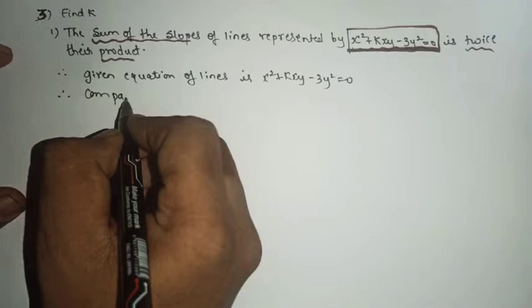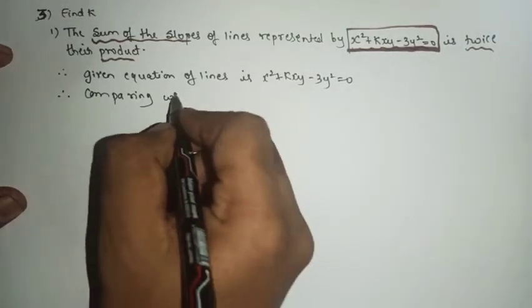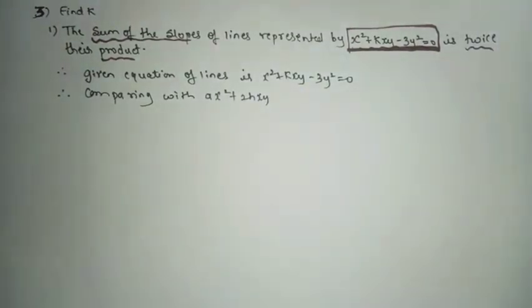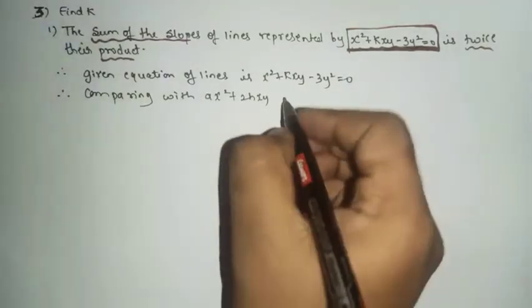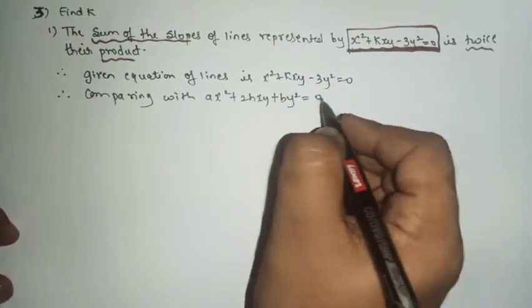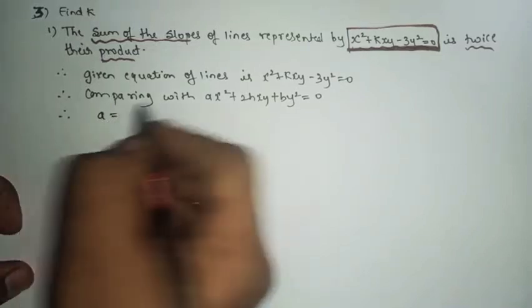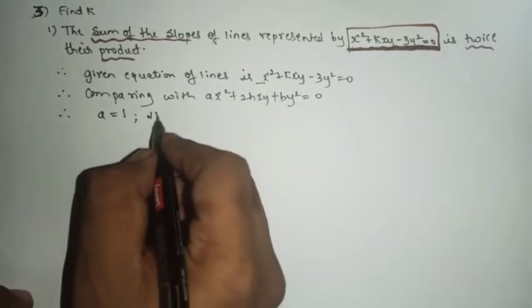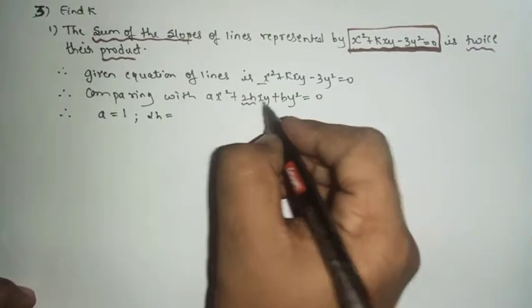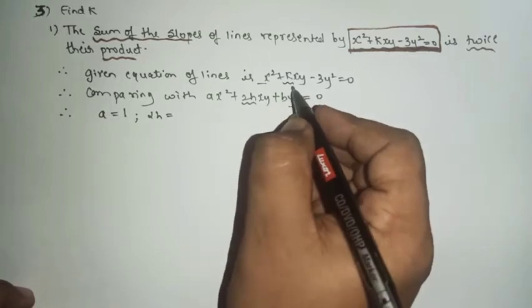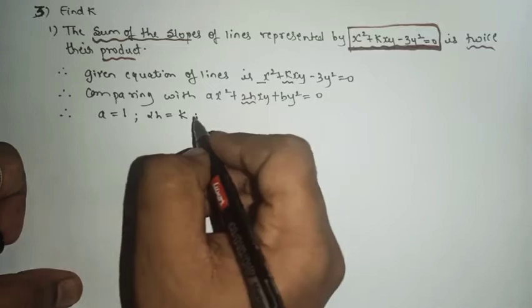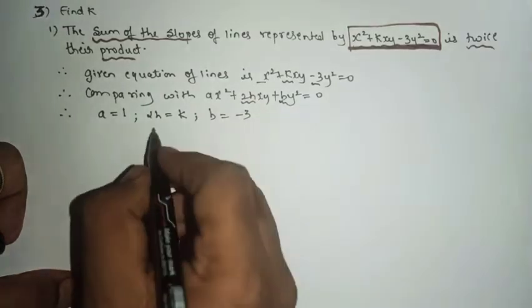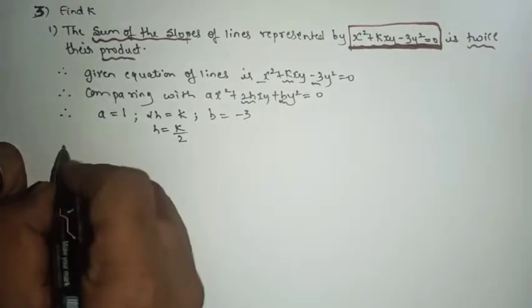We'll compare this equation with ax square plus 2hxy plus by square equals to 0. You will get the value of a as 1 because the coefficient of x square is 1, 2h as, when you see in place of xy, the coefficient is k, so 2h will be equals to k, and b, what is in place of b, that is minus 3. Here the value of h will be what, k by 2, yes or no?